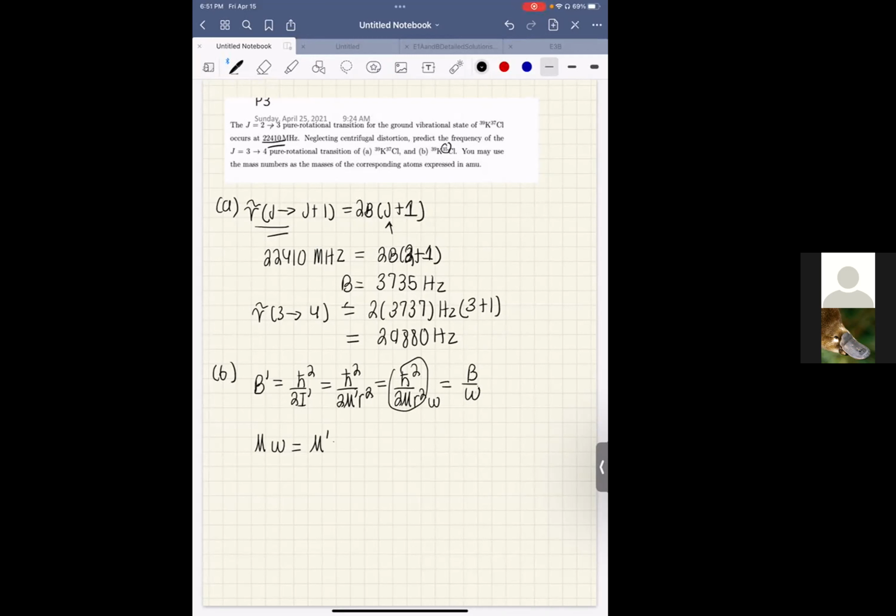So basically, we solve for the new w. The reduced mass equation goes like this: it's the mass of one atom times the mass of the other atom of the diatomic molecule multiplied together, over the sum of both.